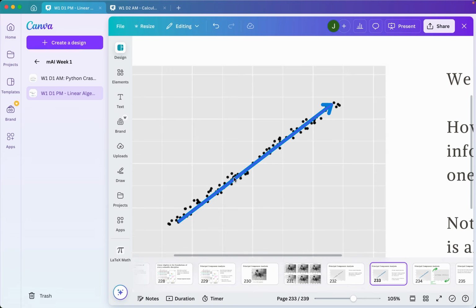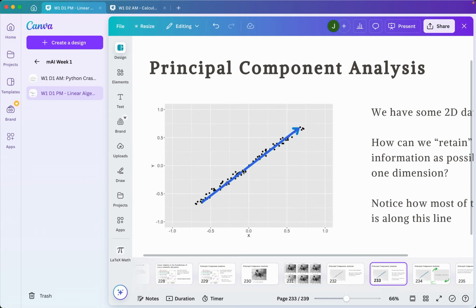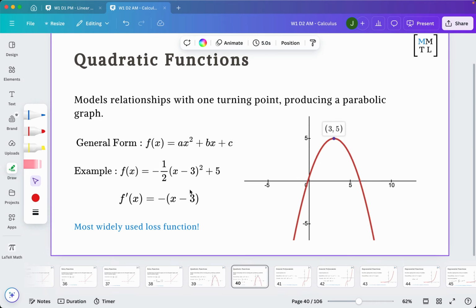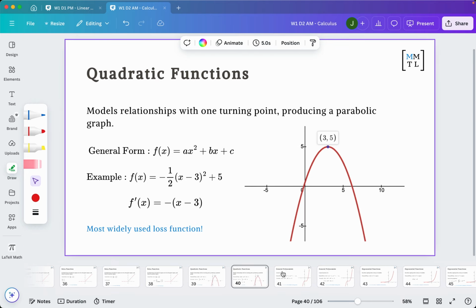We measure the distance from that to the line, and then we square it, because otherwise this would be the same as that. So we square the distance away from the line, and that makes a positive value. You can imagine that the further away something is, the bigger the square term. So we see the quadratic all the time, so it's very important to be able to differentiate this quadratic equation.